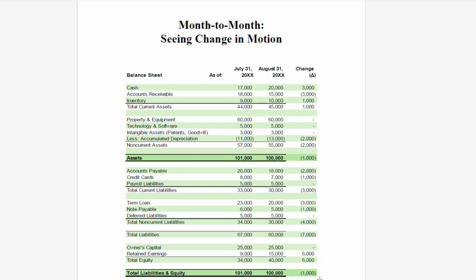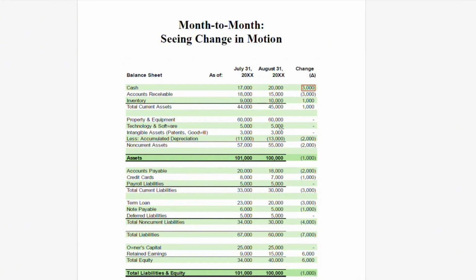Just right off the cuff, we've got $3,000 worth of cash that's now available to us that wasn't before. That's probably in large part because we collected $3,000 in accounts receivable, since our balance went down. Some other things have taken place.